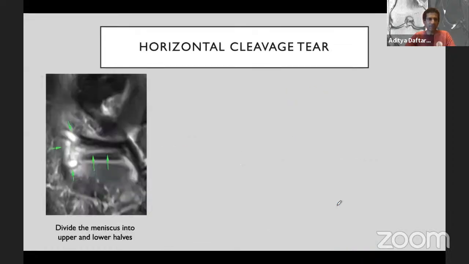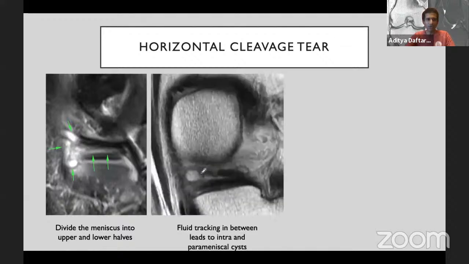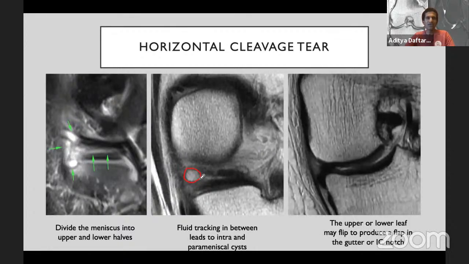Now, the horizontal cleavage tear we're used to seeing on the sagittal images is this horizontal line. On the coronal images, you'll see this horizontal line, and sometimes you'll see a little parameniscal cyst or an intrameniscal cyst associated with it. The key thing to remember here is that with these horizontal cleavage tears, when they separate out, the lower leaf of this tear may flip out and come down here to give you what is called a thumbs down sign.